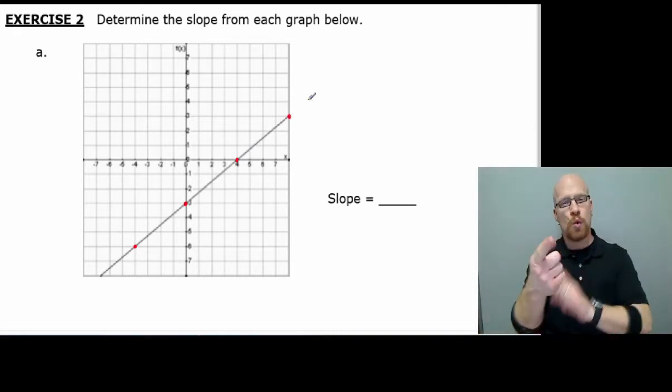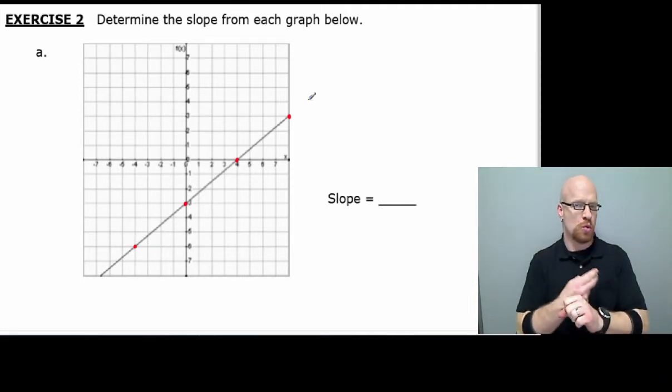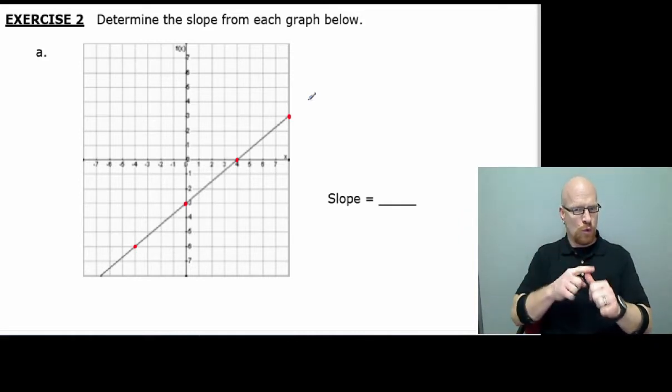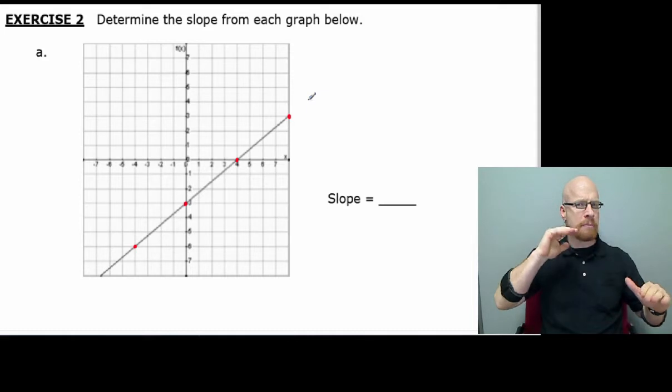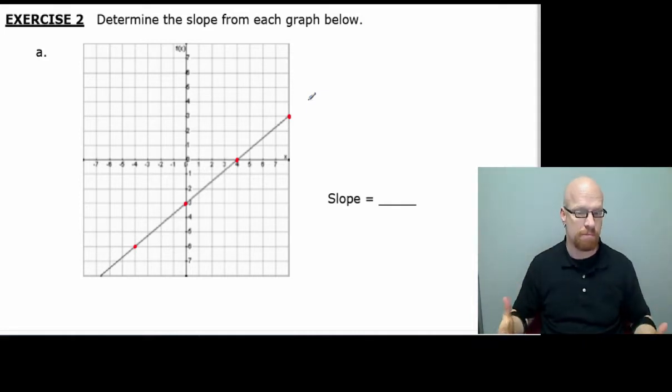Just to show you different possibilities, I found 4 possible points you could use on the line to figure out the slope. Before I proceed, I can look at my graph and know that my slope should be positive.